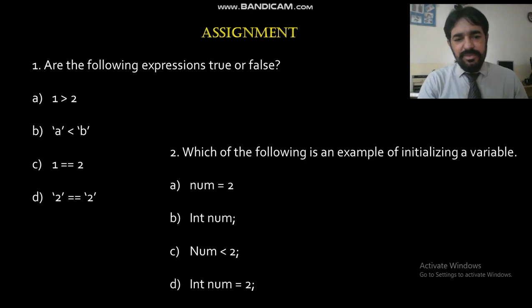Then question number 2: which of the following is an example of initializing a variable? num equals 2, int num less than 2, and int num equals 2. You have to tell which expression is correct.